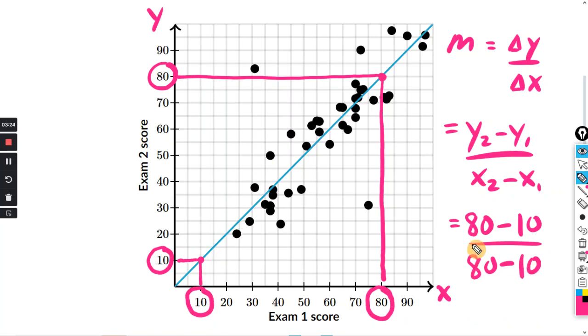It's just a coincidence that I happen to get the same thing in both cases. If you're confused, just look at the coordinates of this point: the x coordinate is 80, and the y coordinate is 80. If you want to do it that way, you could. And for this point here, the x coordinate is 10, and the y coordinate is 10.